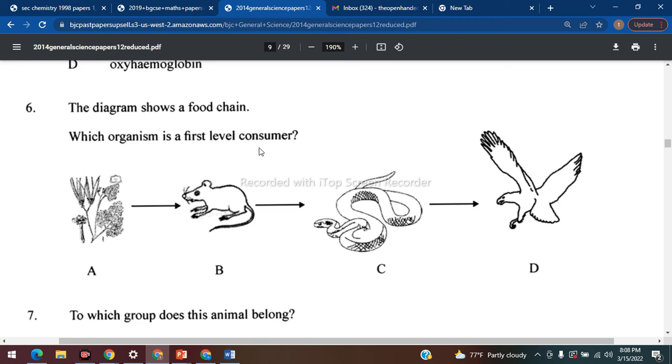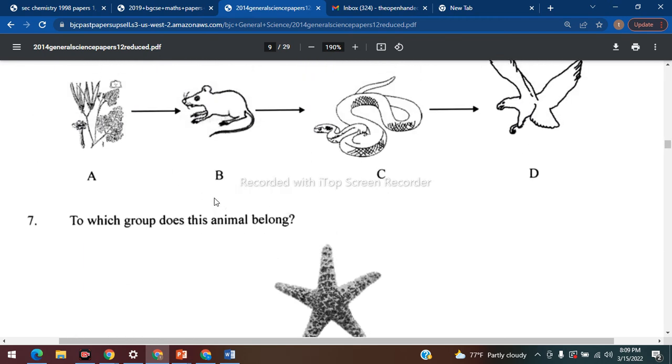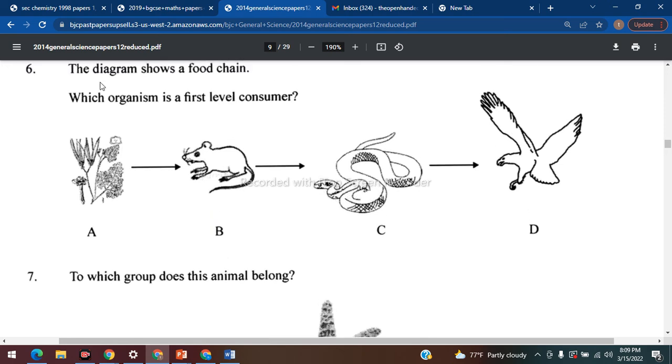The rat eats the plant, and then the snake eats the rat, and then the bird eats the snake. So this is the first level consumer. In biology, we call this the primary consumer, this one the secondary consumer, and this one the tertiary consumer. So this is the first level one, B. This is general science too.